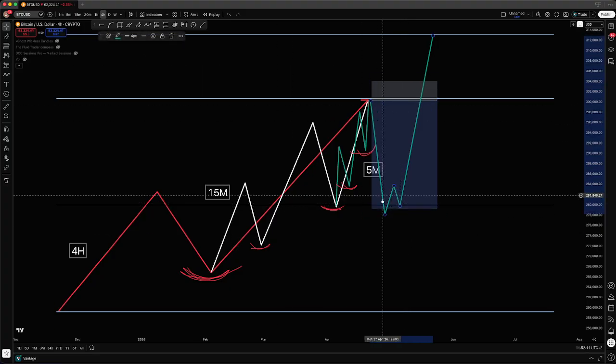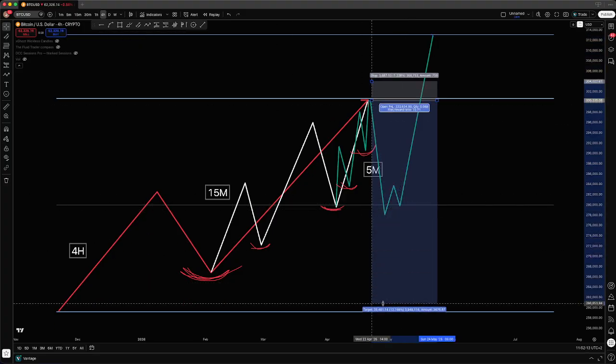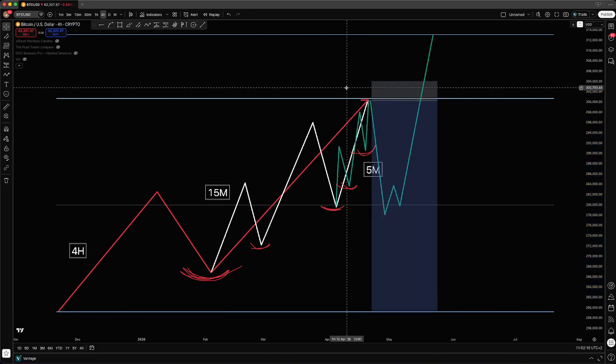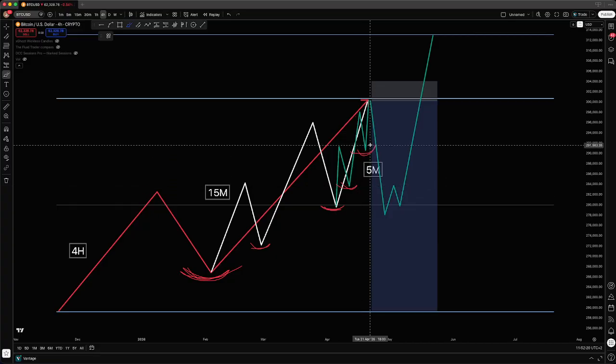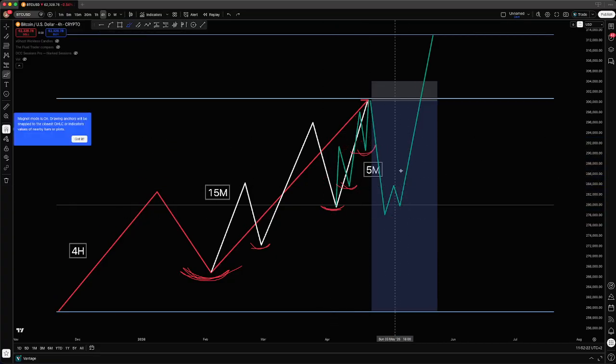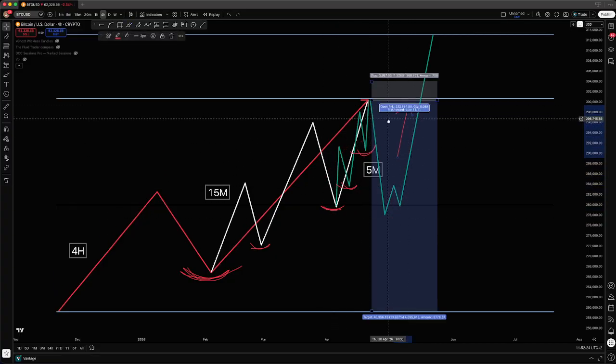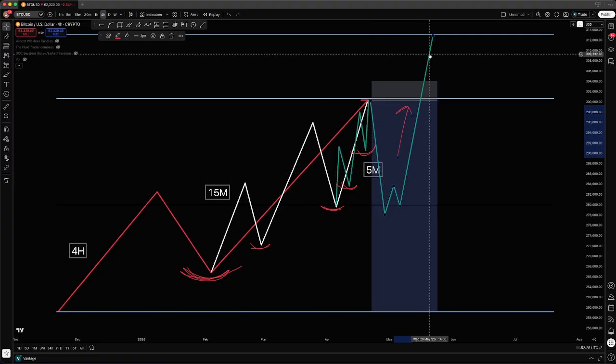Well, if you targeted the lows, let's say you targeted here, but you are looking at the 5-minute chart, obviously it doesn't make any sense, because the liquidity is triggered and now the price is going up just to create another primary low on the 4-hour.